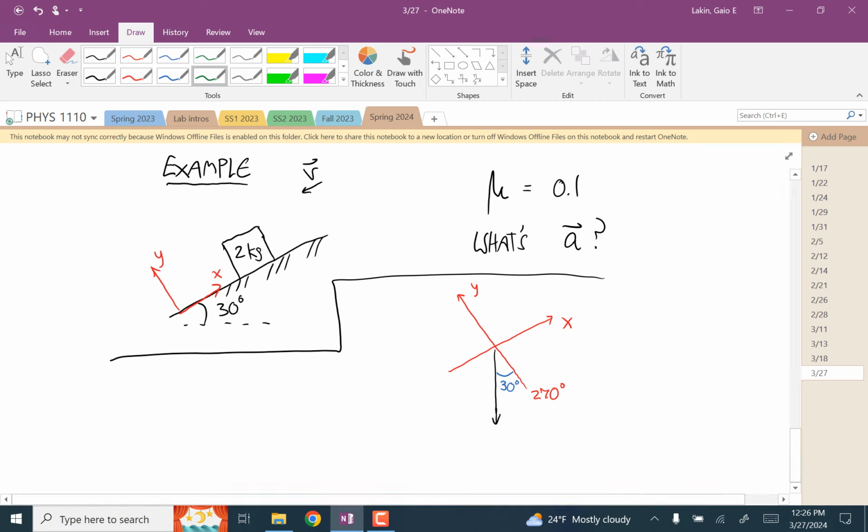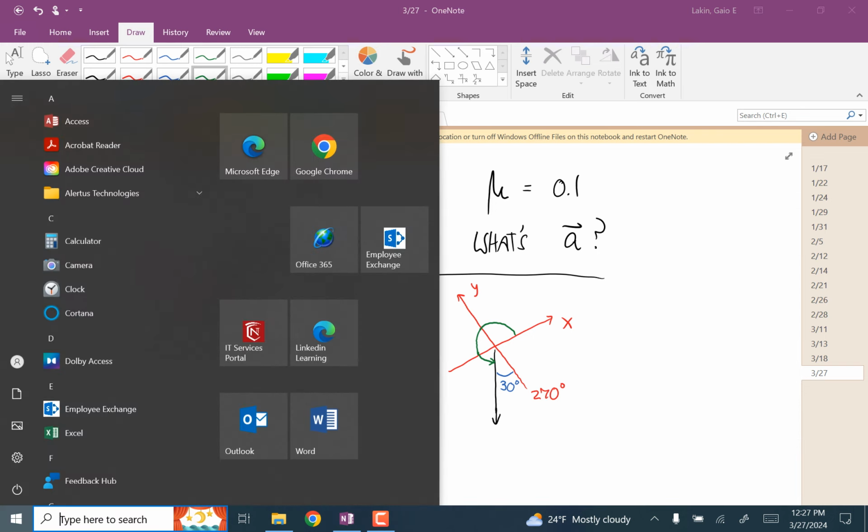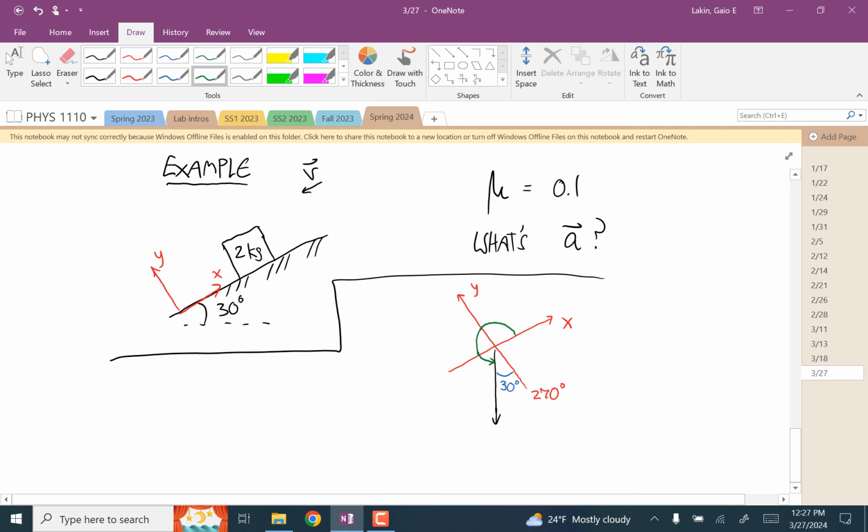Minus. And that's because you start at the x-axis, you go 90, 180. If you do another 90 to get to 270, then you have to backtrack 30. So you can think of it as 270 minus 30 to get to here. You haven't gotten to the 270 line yet. And so this angle phi is 270 minus 30 degrees, or 240.